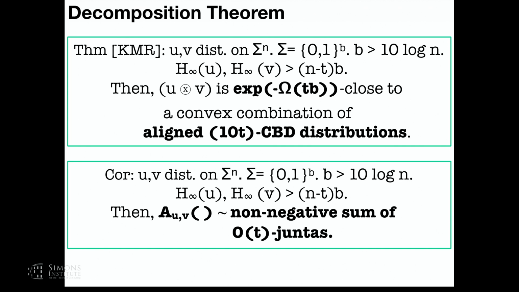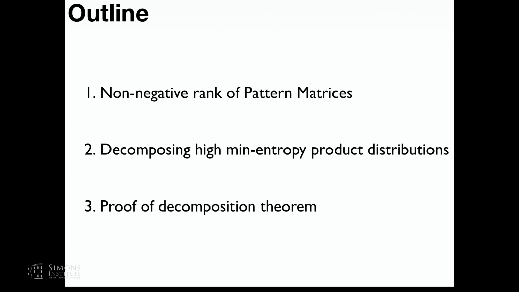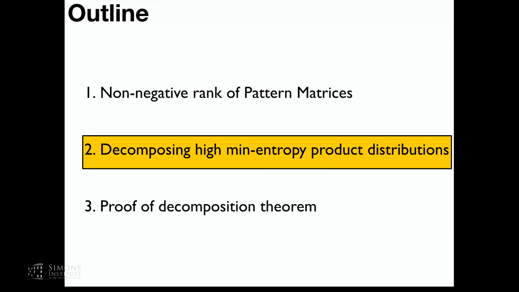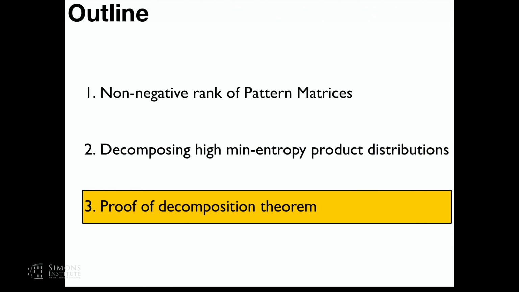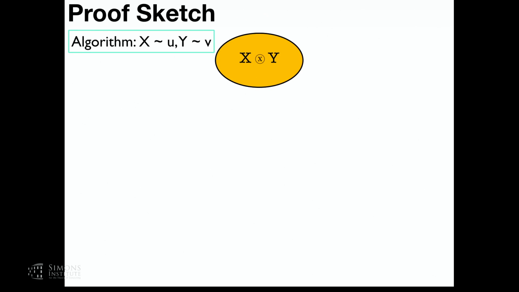And this we can plug into where we came from and complete the analysis. So in the remaining couple of minutes, let me say a couple of words about how to prove the decomposition theorem. I won't say much about the analysis, but the proof, at least how we find the decomposition, is fairly greedy. You do the thing that is most natural in some sense.